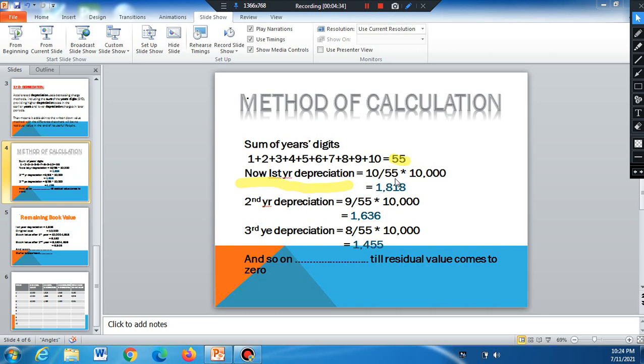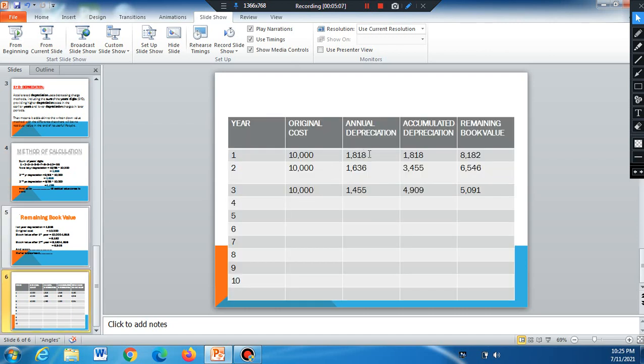In the second year, 9 by 55, 8 by 55, 7 by 55, 6 by 55, and so on, multiplied with the original value. So first year depreciation is 10 by 55 into 10,000, that gives you 1818. That is our annual depreciation.